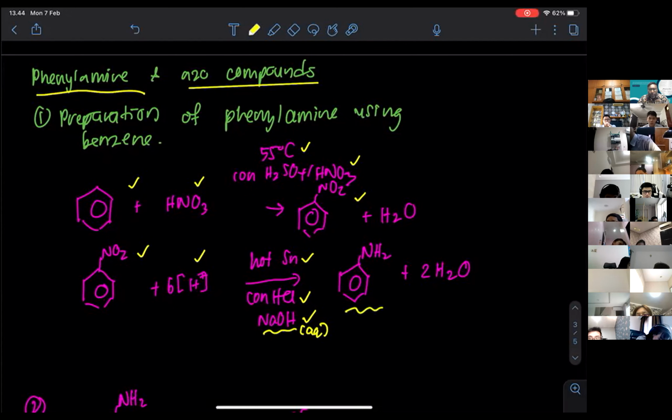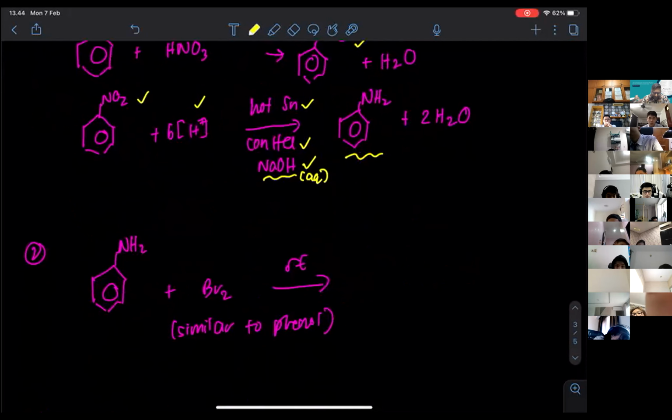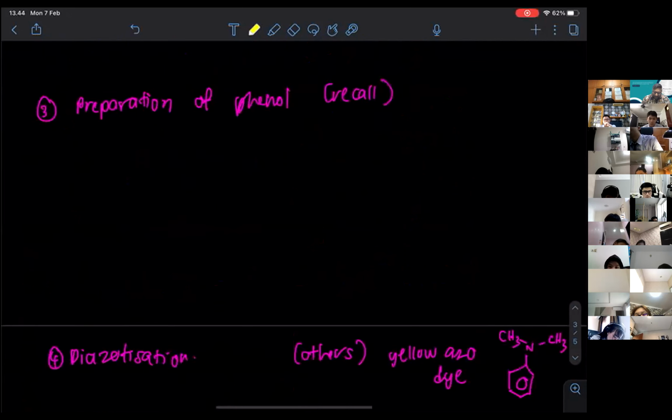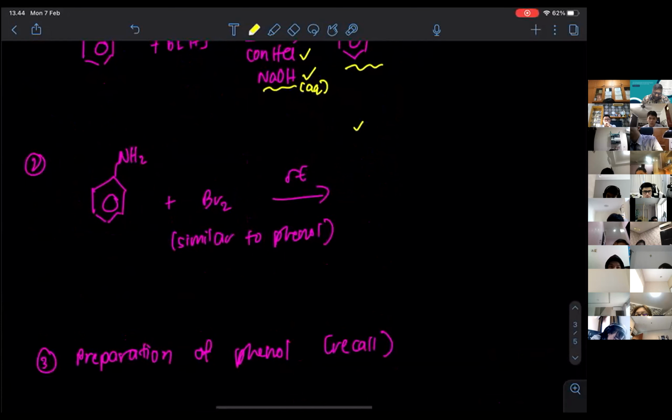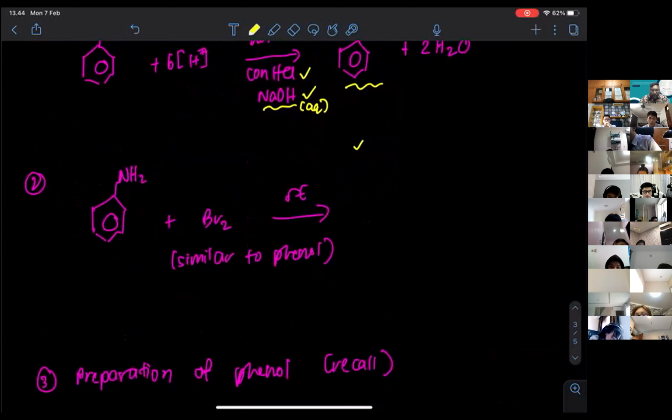Once you have this phenylamine, you need to remember the reactions that are related to phenylamine. The reactions of phenylamine we are going to learn later. I have written it over here, but it's okay, we'll just learn now. I didn't go through the PowerPoint slide. The reaction is going to be similar to phenol. Remember the reaction with phenol.